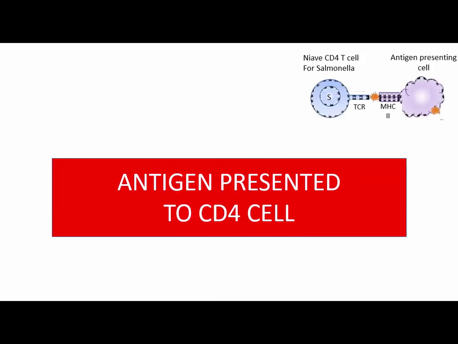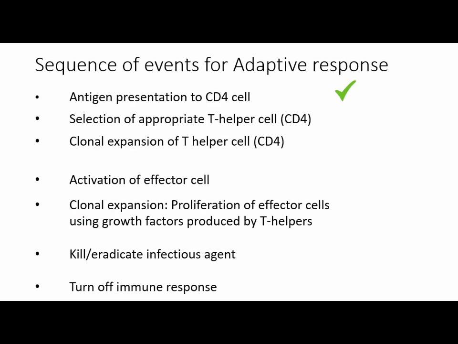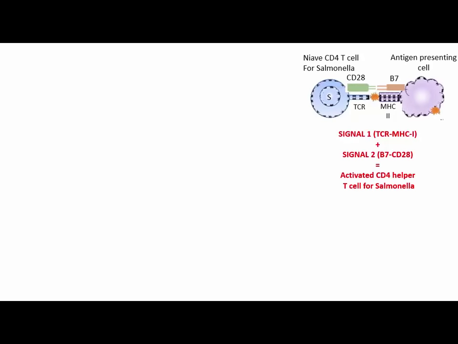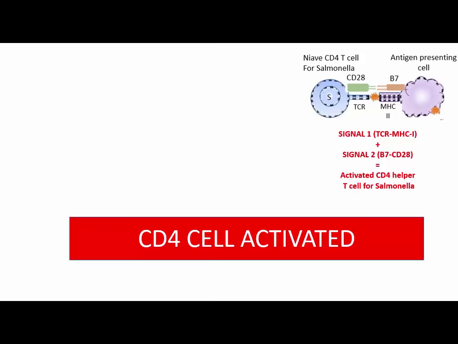In this example, we have a salmonella infection, and the salmonella has been broken down and presented on MHC2 to the CD4 T cell that has a receptor that can recognize salmonella. So once we have presented it, you get signal 1 and signal 2 as before, through T cell receptor and also through CD28, and the CD4 T cell becomes activated.